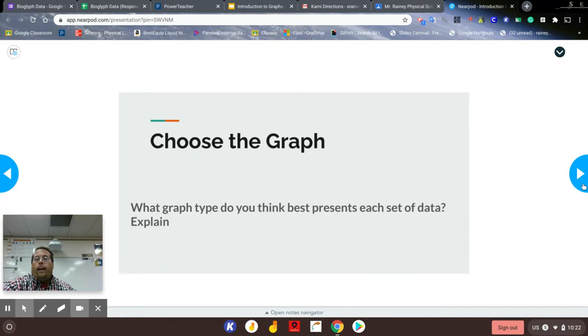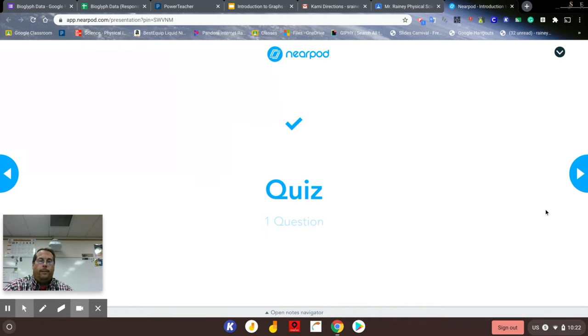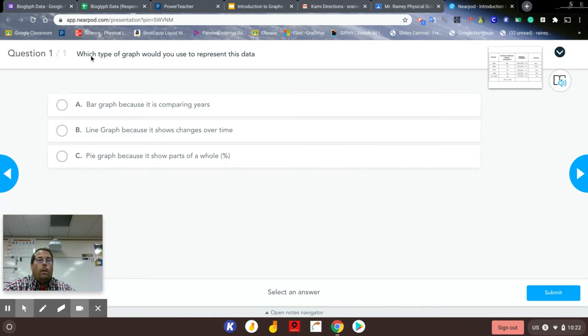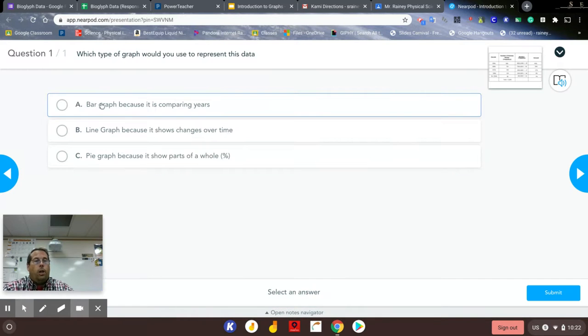And then finally, I want you to choose, if I'm going to give you the data, what graph would you use to represent it? What type of graph would I use to represent this data? If I see this graph, it talks about the number of pennies that are minted in each year, and I see percentages. Well, as soon as I see percentages, I should know. It's not a bar graph.